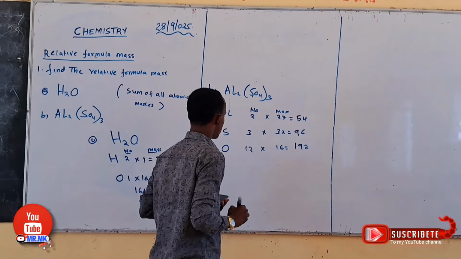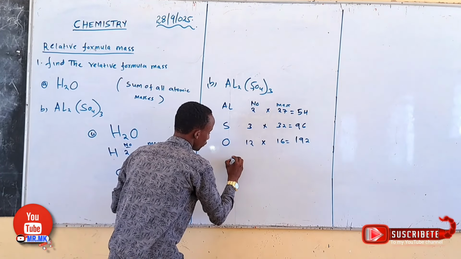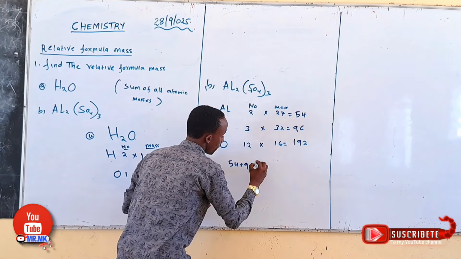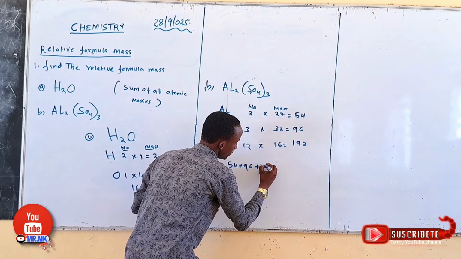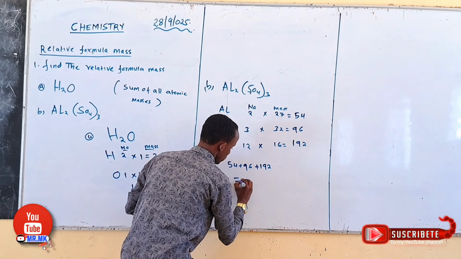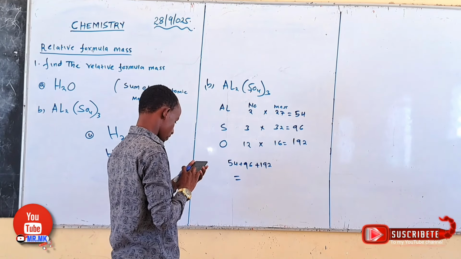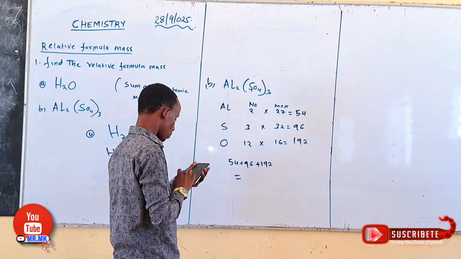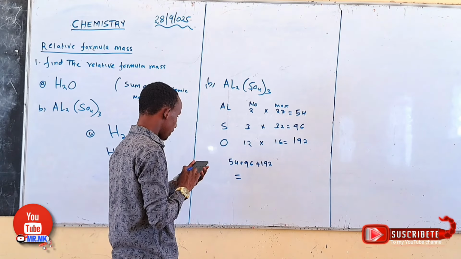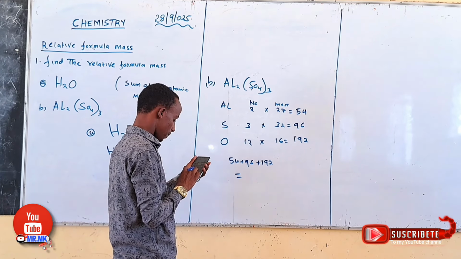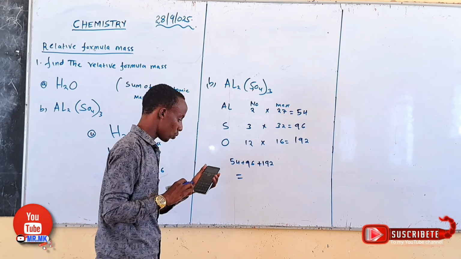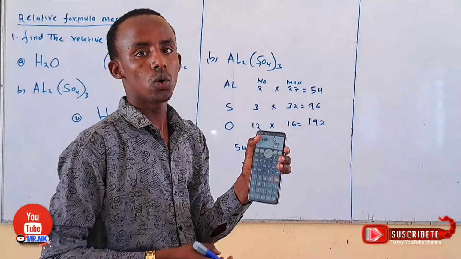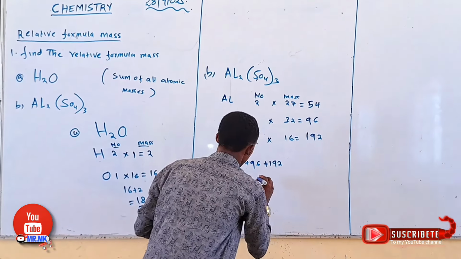After you have solved it, just add them. 54 plus 96 plus 192 will give you 342.